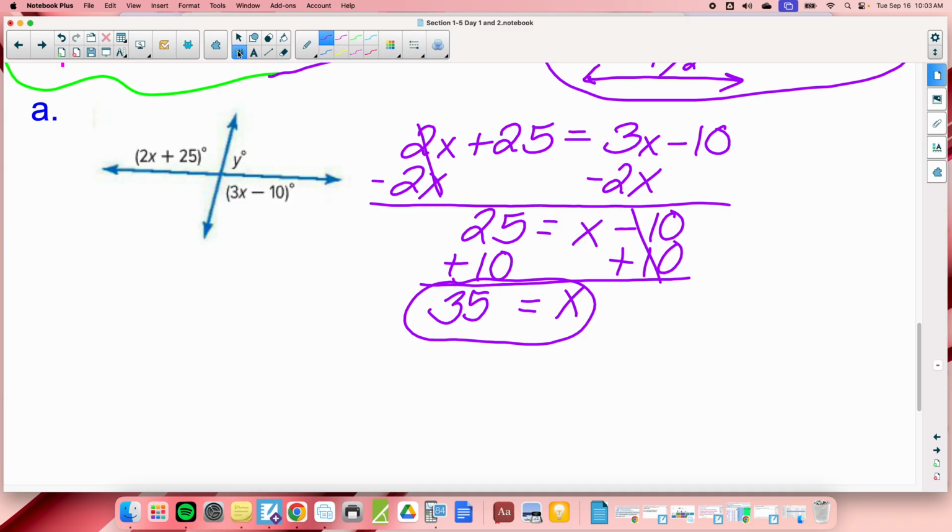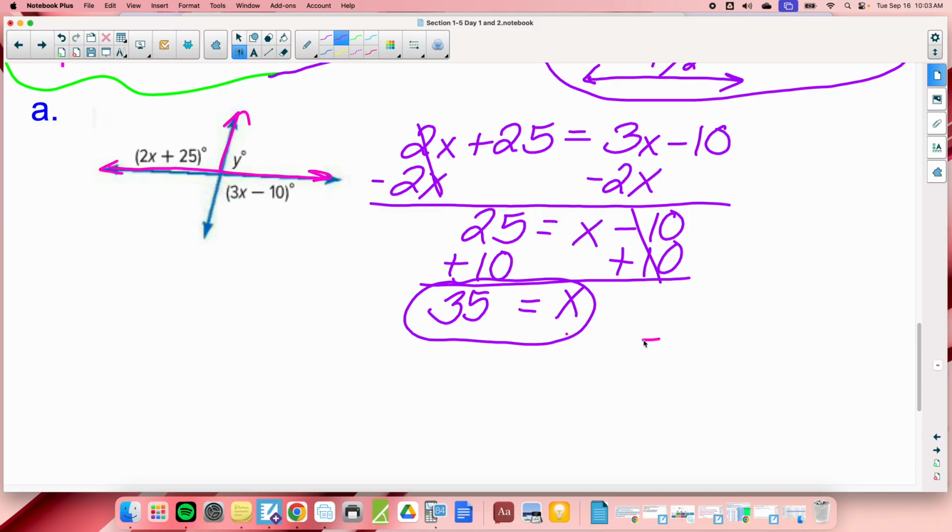You now know what your x is. So probably what I would do is I would deal with this right up here. Do you guys get these two together form a line? So what would we know about them? They add up to 180. But we have two variables there, and we can't solve that when it has two variables.